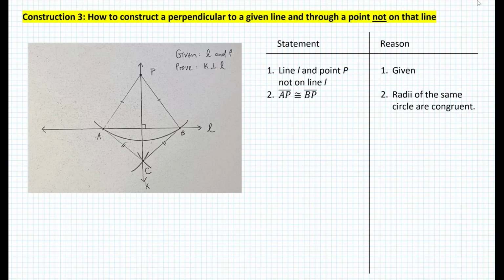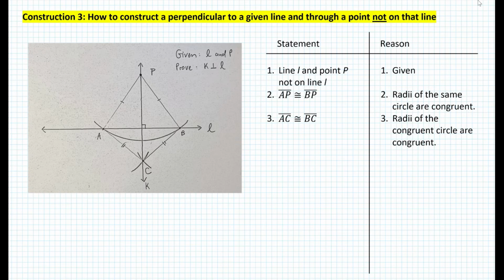What do we do afterwards? Well, afterwards, we constructed the arcs from point A and from point B such that those arcs intersected at point C. And those are radii of congruent circles. So let's write that in as step number 3. Okay, so here we have AC congruent to BC, those segments, because radii of congruent circles are congruent.